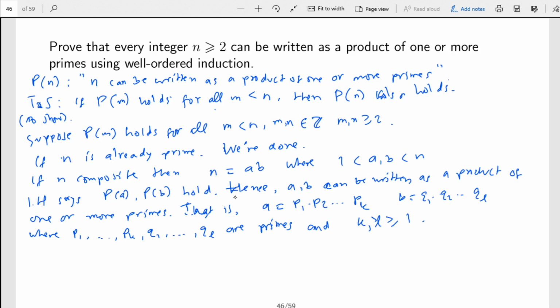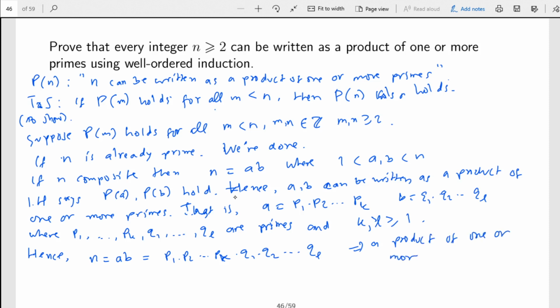Now what does it mean? It means that, of course, n is equal to ab, which is p1 times p2 times up to pk times q1 times q2 times up to ql, and this is a product of one or more primes.